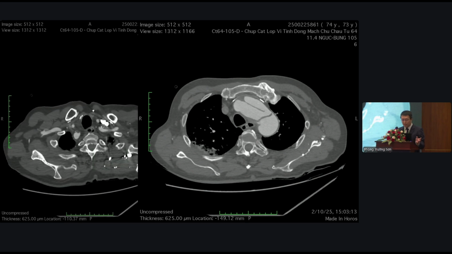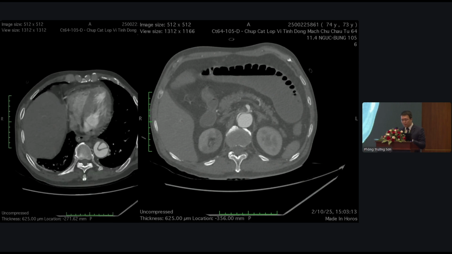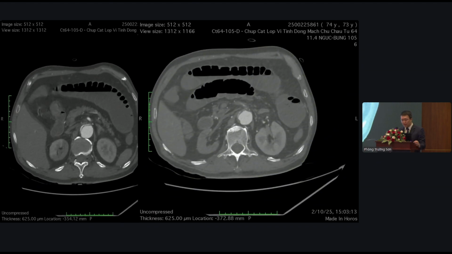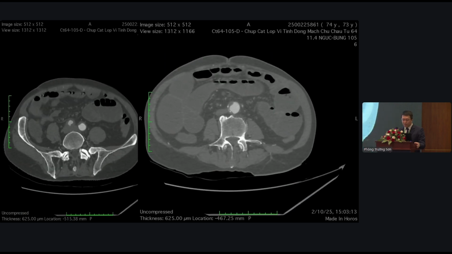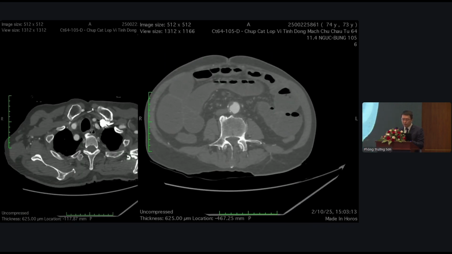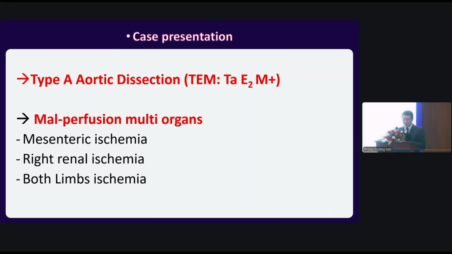The celiac is very compressed, there is nearly occlusion of the SMA and right renal artery, and most of the true lumen from the abdominal aorta to both limbs is likely very ischemic.